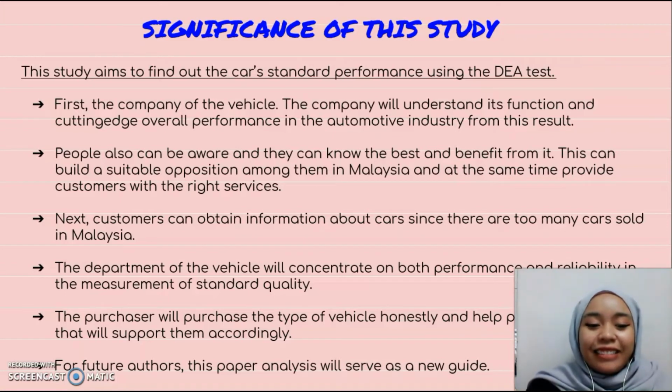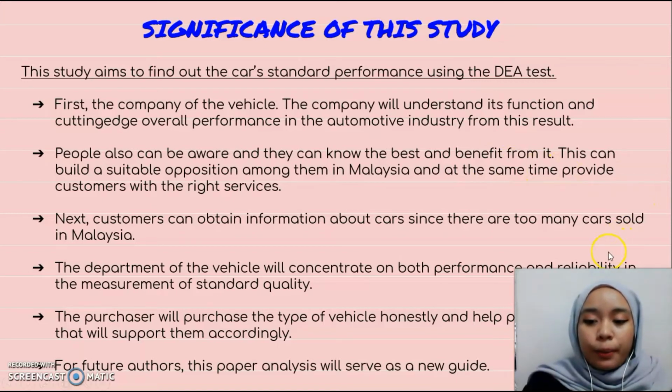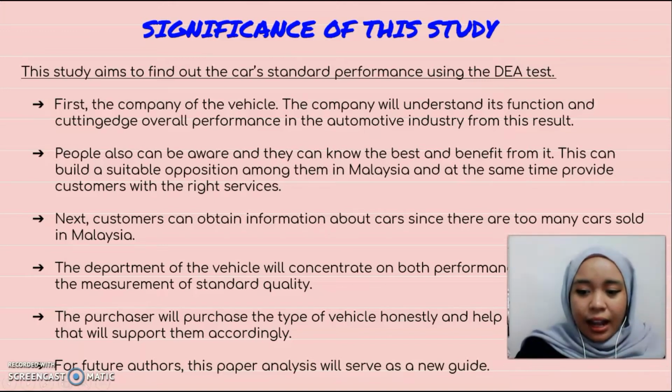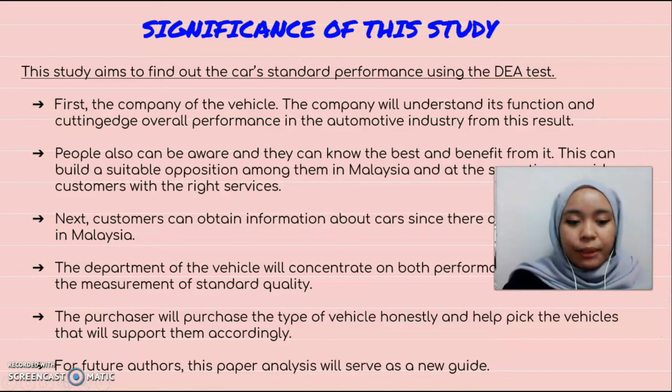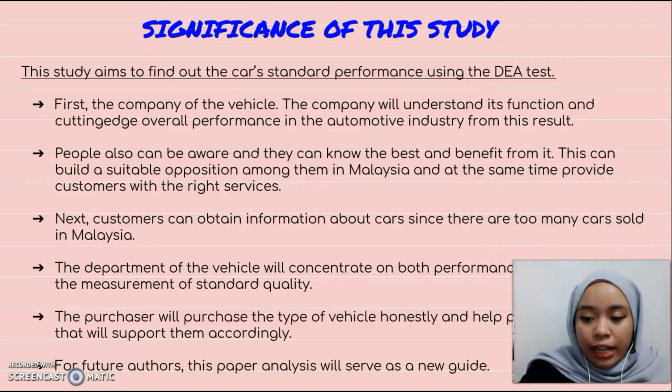Next, the Department of Vehicle will concentrate on both performance and reliability in the measurement of standard quality. And we can see that the purchaser will purchase a vehicle according to their needs, meaning it's not because of the trends or anything. And of course, it helps future authors as a new guidance.